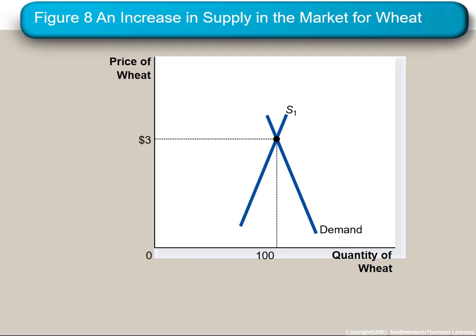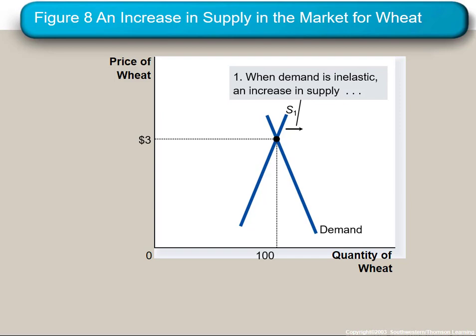So here you see the initial equilibrium is at a price of $3, and they're selling a quantity of 100, which might be like 100 tons of wheat. And then the demand for wheat is supposed to be inelastic, and so you have an increase in the supply of wheat, and it drives the price down, but the quantity sold isn't very much.